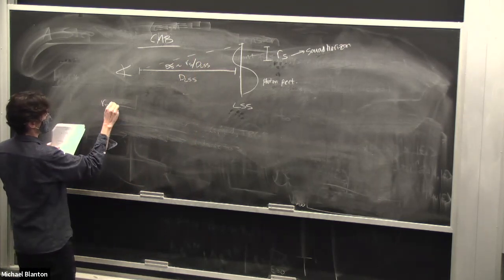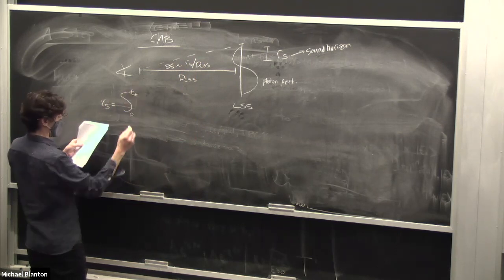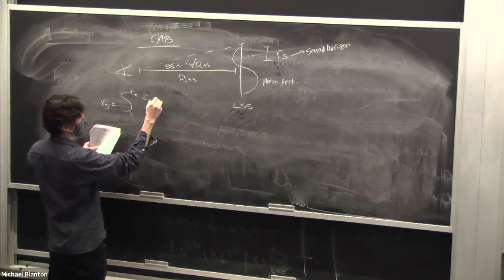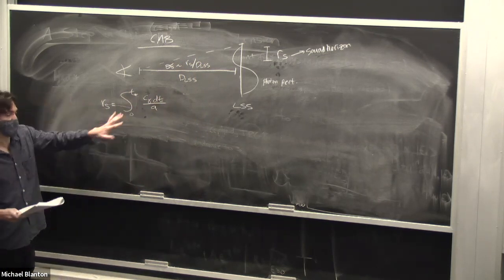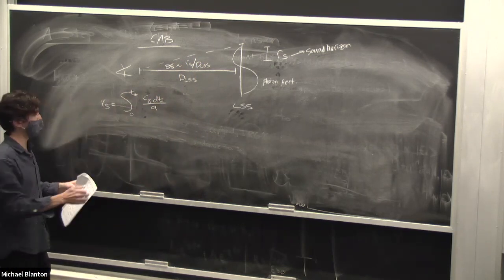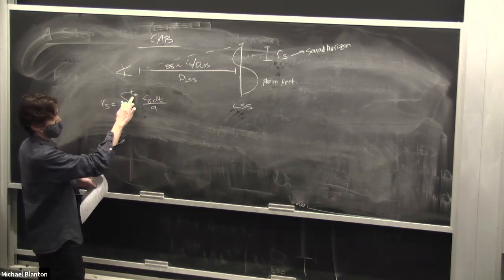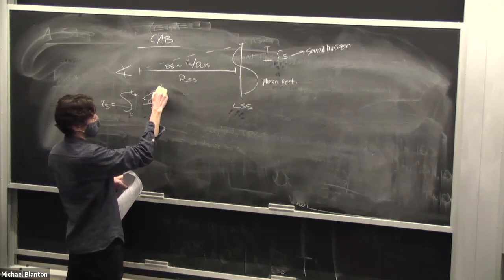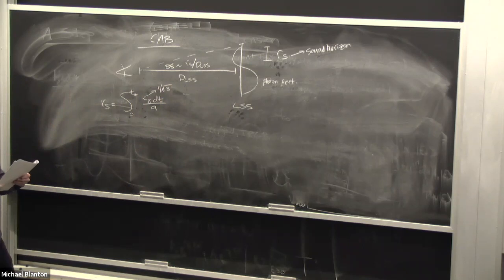Specifically, the sound horizon, as I was saying before, is the conformal distance that a sound wave in the photon-baryon fluid can travel from arbitrarily early times to the time of recombination, where this is the speed of sound in the photon-baryon fluid, which is roughly that.